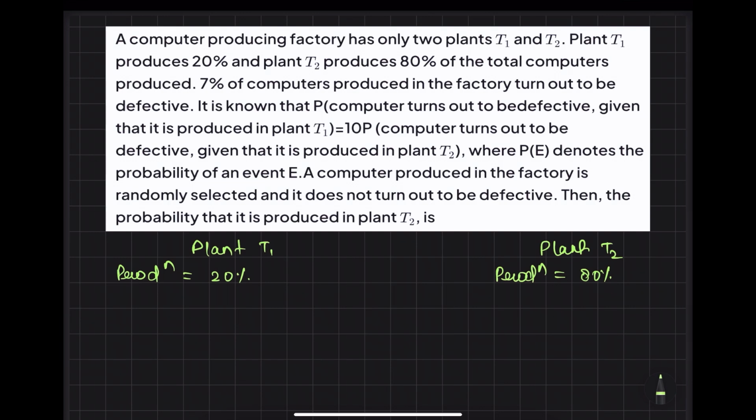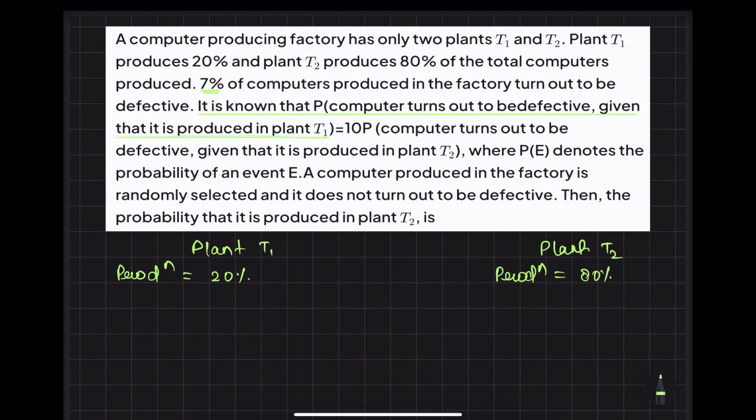So altogether the defective computers are 7%. It is not because of T1 or T2, it is together. Like suppose after producing 100 computers it is found that 7 of them are defective. This is the idea.